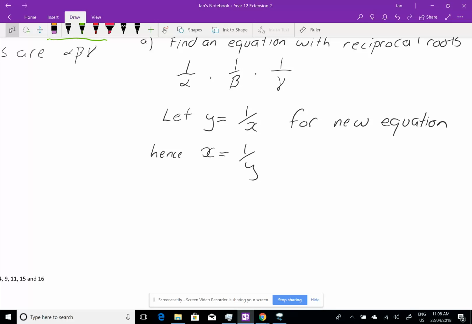So I've got 2 times 1 on y cubed, because that's what x cubed is, plus 3 times 1 on y squared, plus 1 on y minus 5 equals 0.